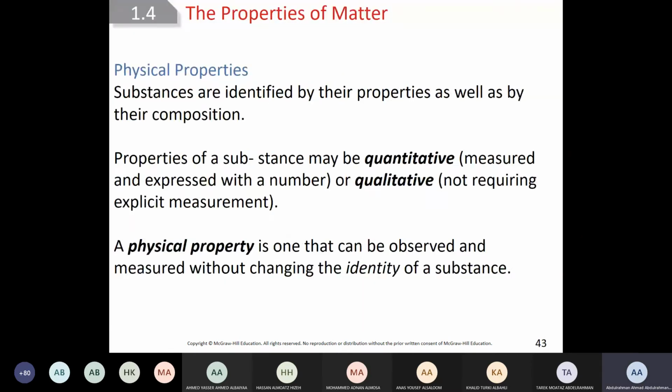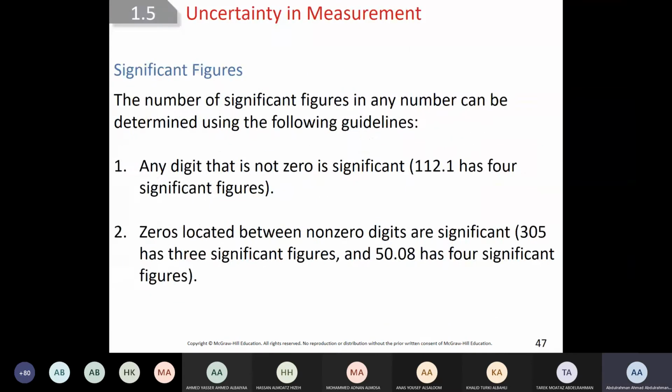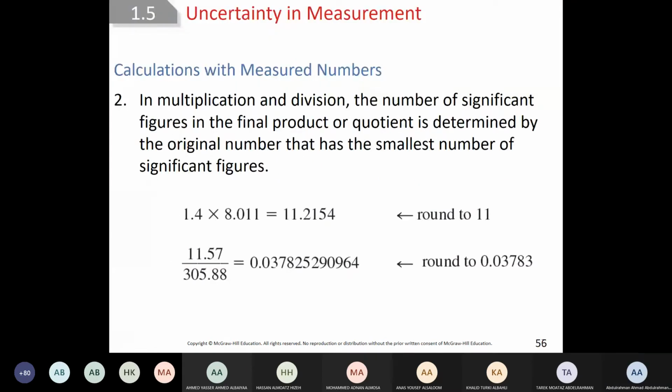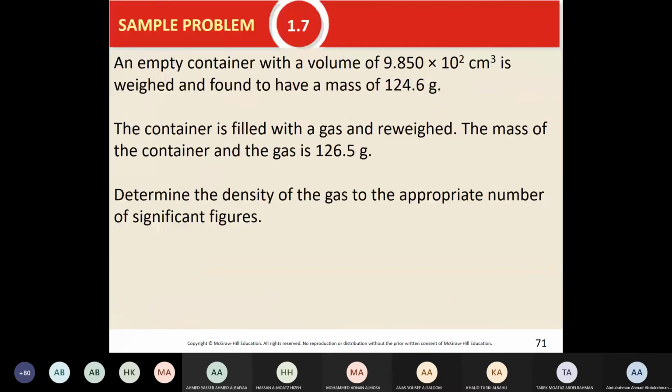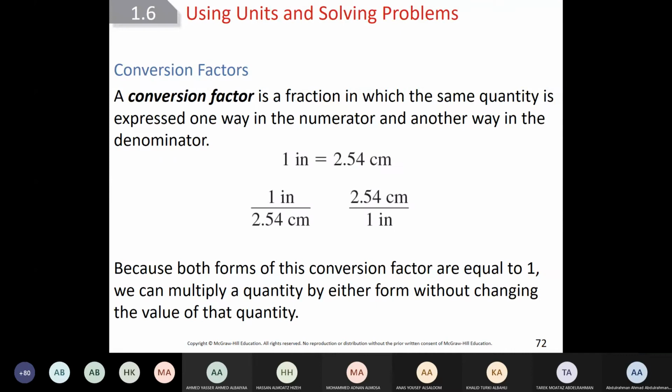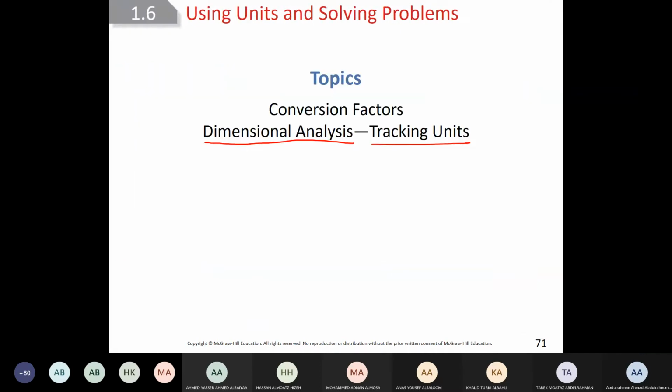I want you now to use dimensional analysis. If I know that, for example, 1 meter is equal to how many nanometers? 1 multiplied by 10 to the power 9 nanometer.